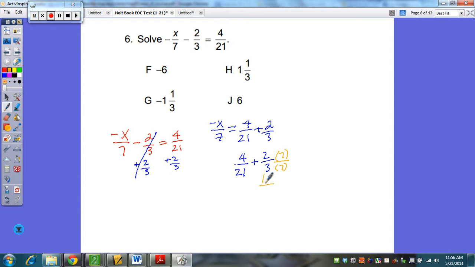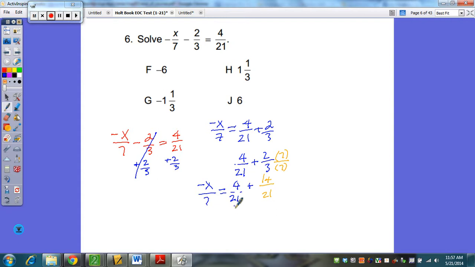So we get 14 over 21, and that is plus 4 over 21, and that equals negative x over 7.